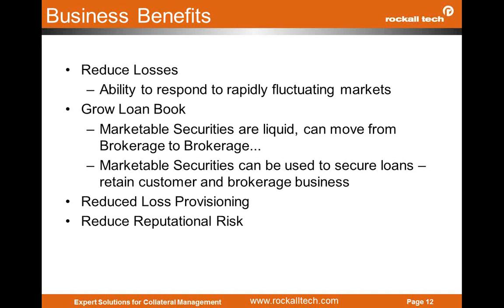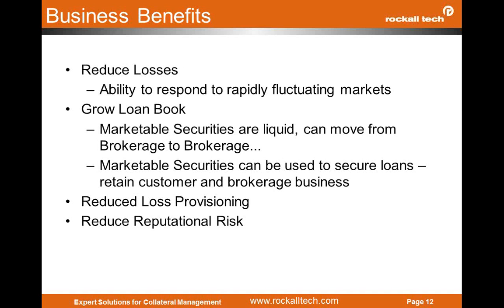The reduction of losses. Obviously, without a quality tracking system, you're exposed to losses. You're exposed to not being able to react quick enough to a situation. With a quality system, you can be first there to deal with potential loss. You also reduce loan loss provision, as mentioned earlier on. You reduce the amount of provision you need to do.